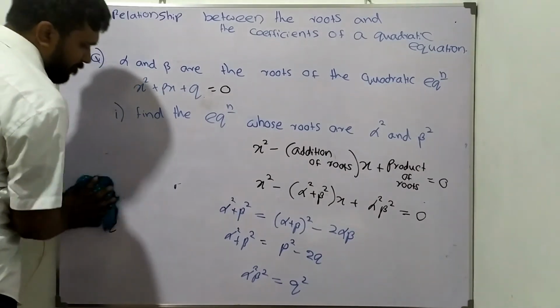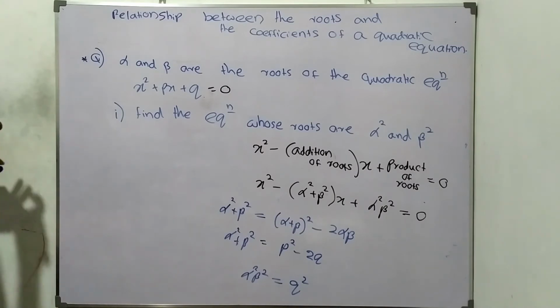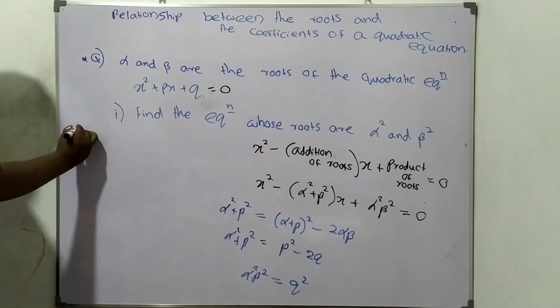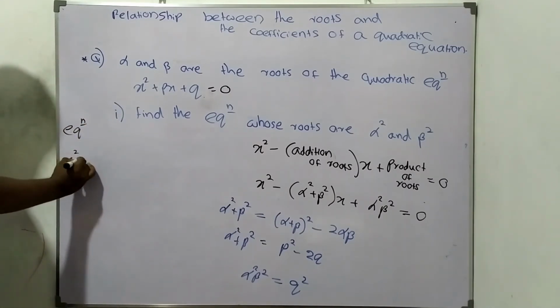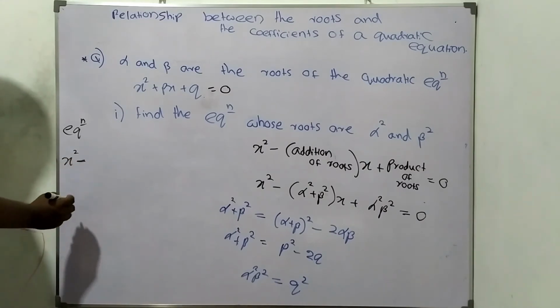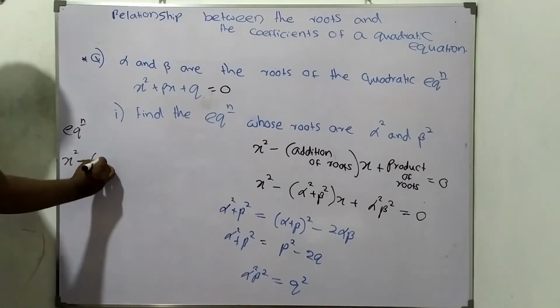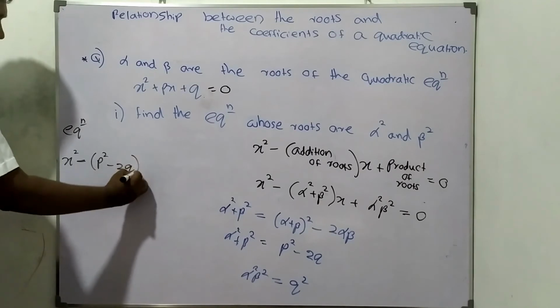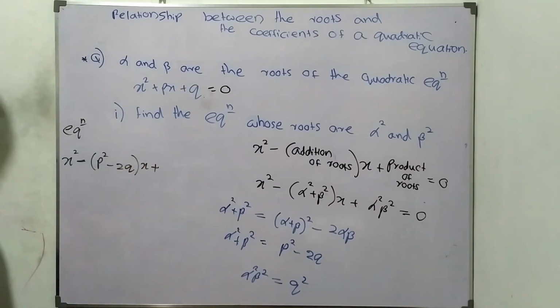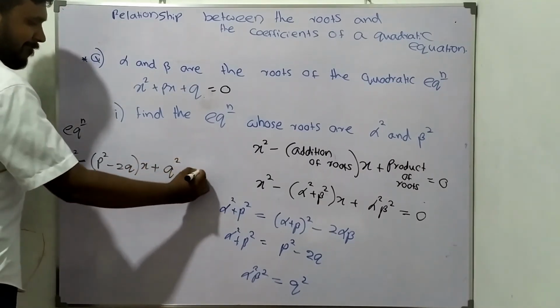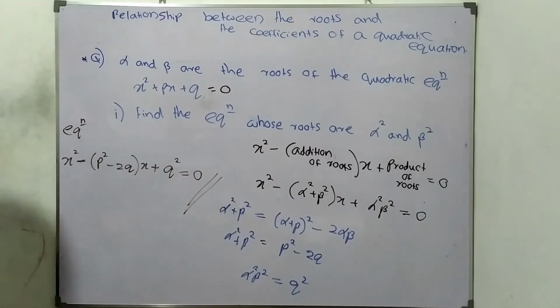So now you can substitute it into the main equation. X squared minus the addition of the roots, which is p squared minus 2q, and the product of the roots is q squared. This is what I got.